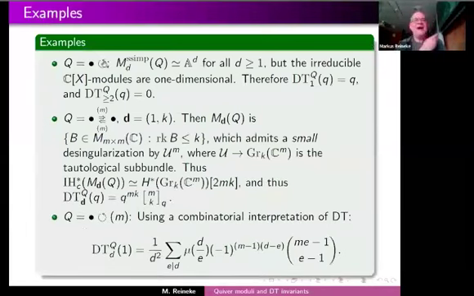This is a page with examples, so let's just look at the second example, because I think this is quite illuminating. I showed you this example of this quiver with m arrows in one and m arrows in the other direction at this dimension vector. And the moduli space was matrices of rank less than or equal k, such a determinantal variety.